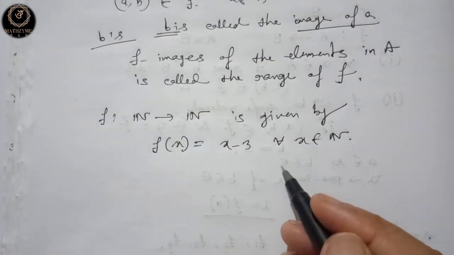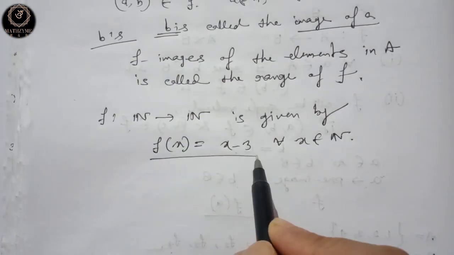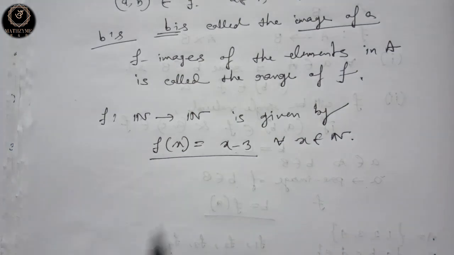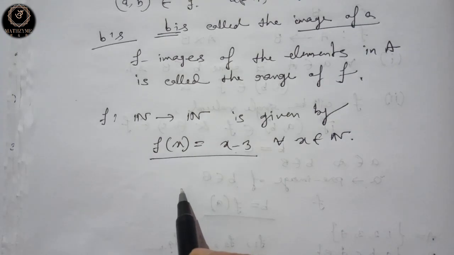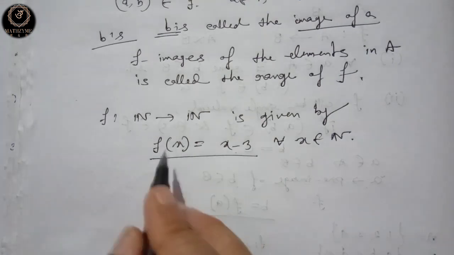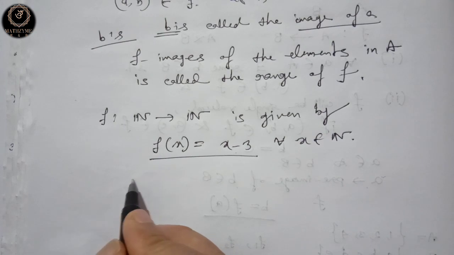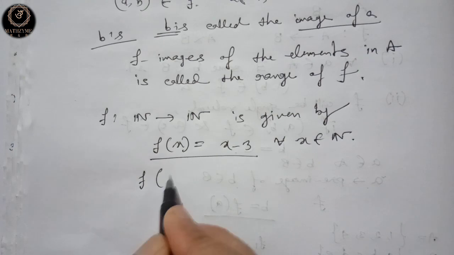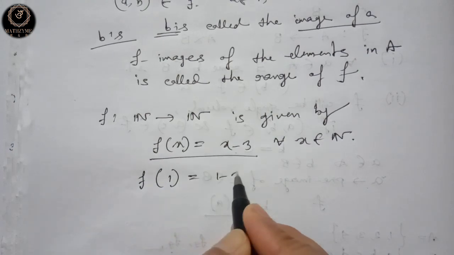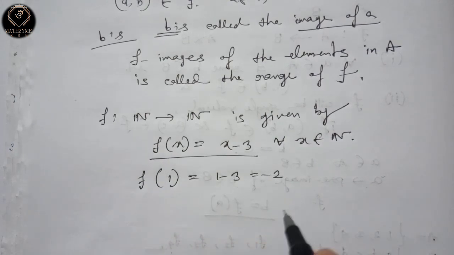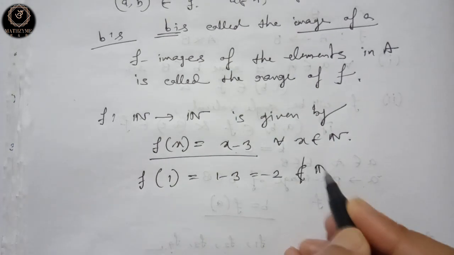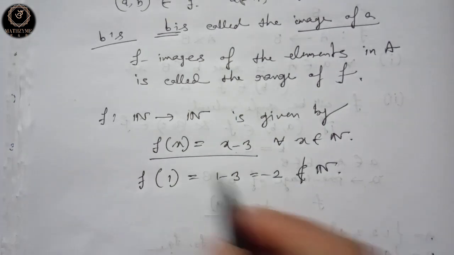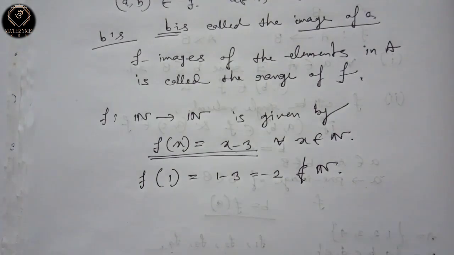Clearly, this rule does not define a function from N, that is natural, to natural itself. Why? Because if you take 1, which is also a natural number, then f(1) equals 1 minus 3 equals minus 2, and minus 2 does not belong to natural numbers. Hence, this rule does not define a function.